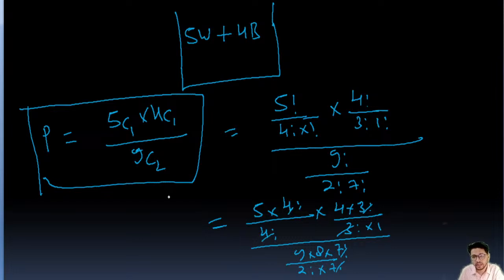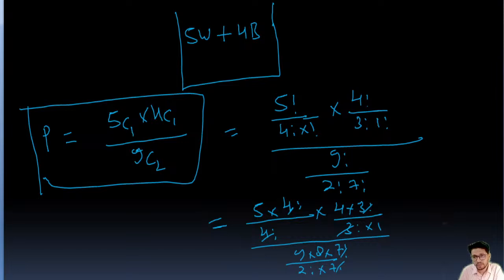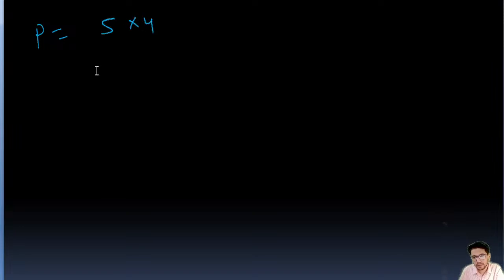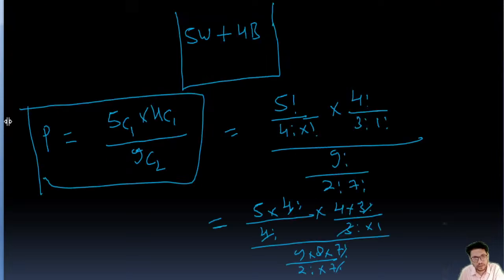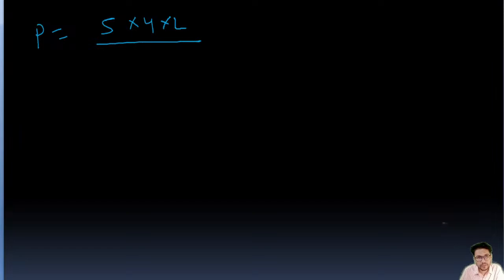So the probability of finding balls of different colors is 5 into 4, the 4 gets cancelled, 2 goes up into 2 upon 9 into 8, this 8 gets cancelled, so P is going to be 5 by 9.